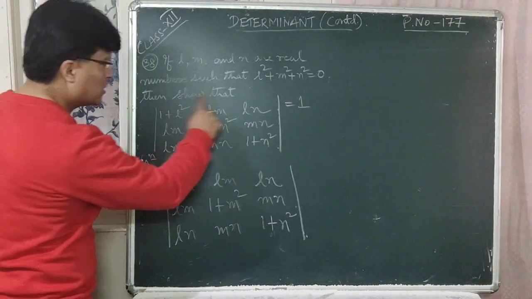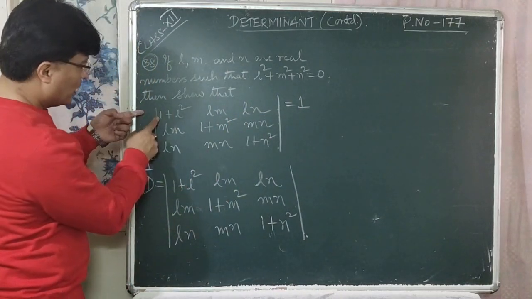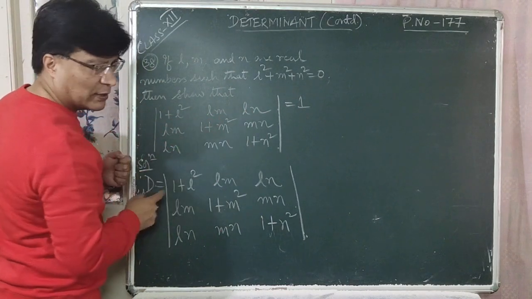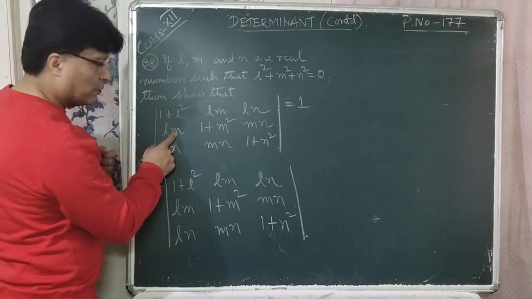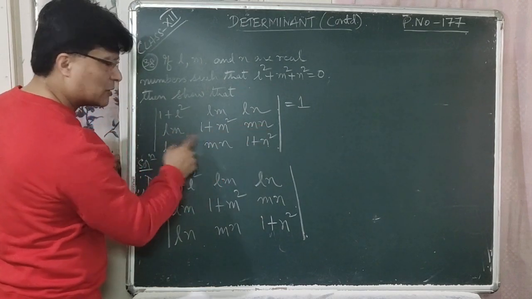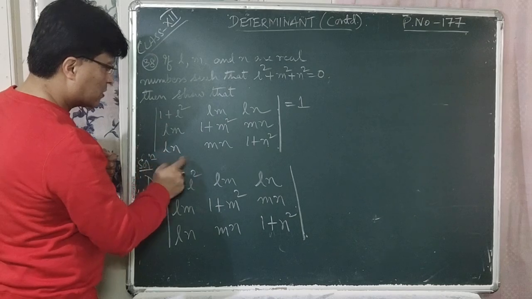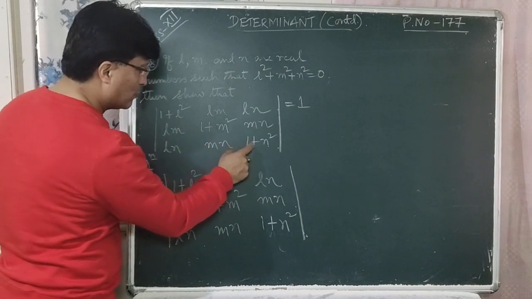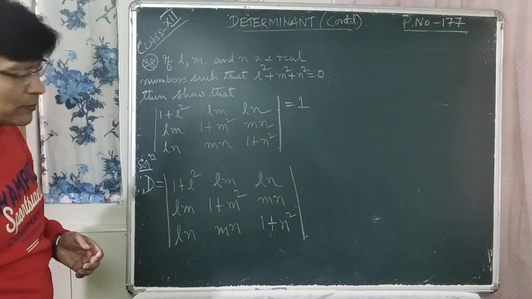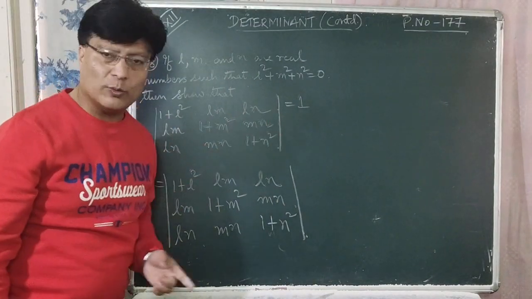That is, the first row is 1 plus l square, lm, ln. The second row is lm, 1 plus m square, mn. The third row is ln, mn, 1 plus n square. Right? You have to prove this is equal to 1.